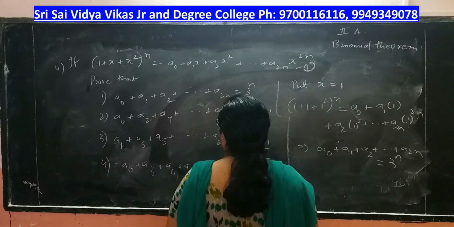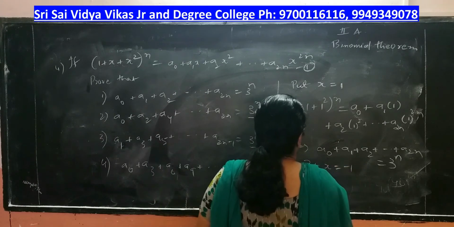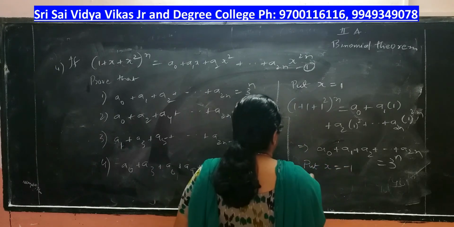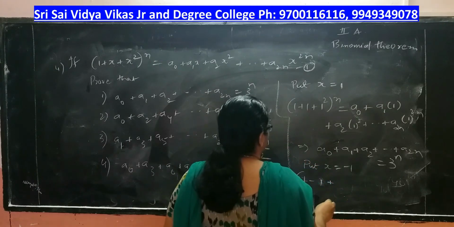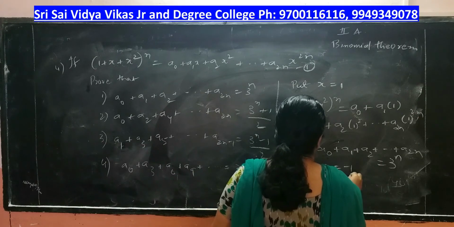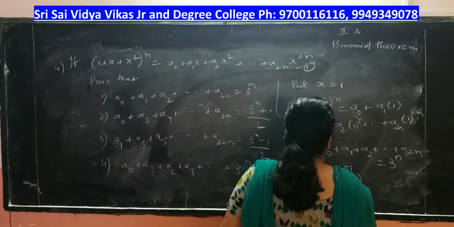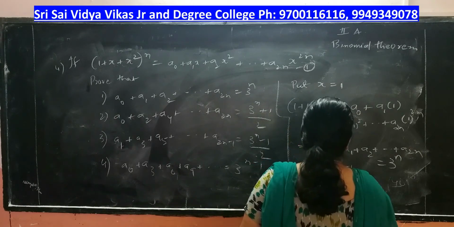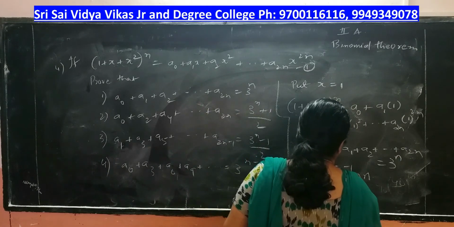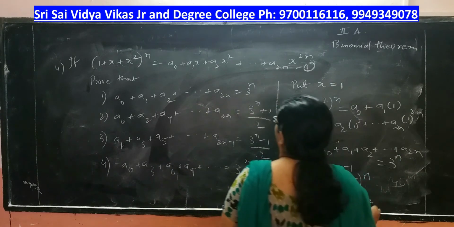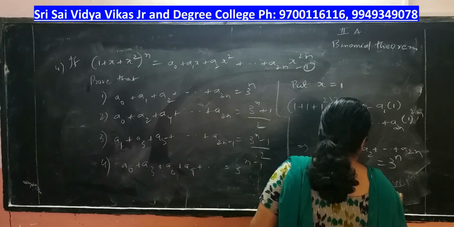Next, put x = −1. If you put x = −1, you have (1 + (−1)²)^n, which is equal to a0 − a1 + a2 − a3 + and so on.